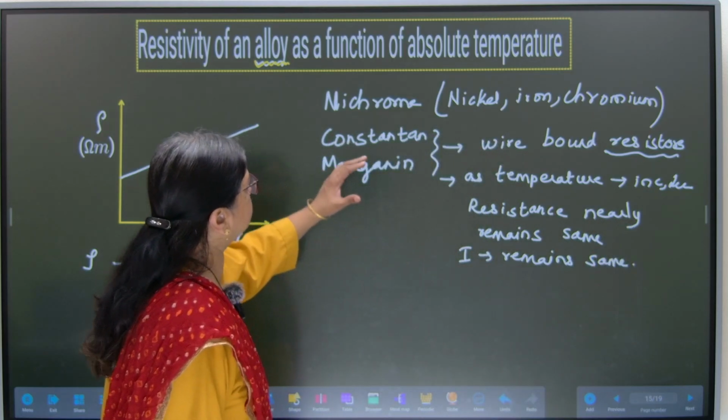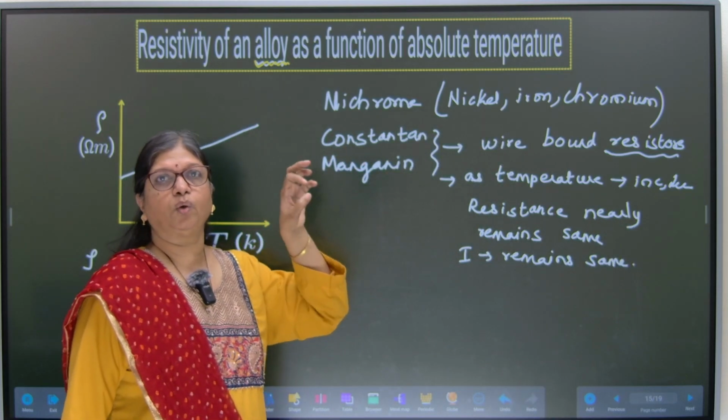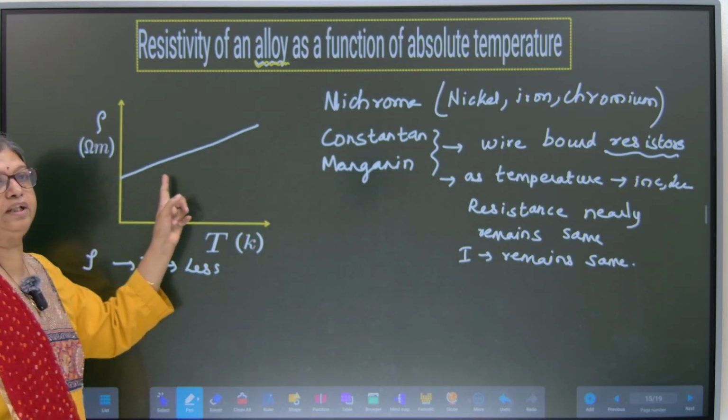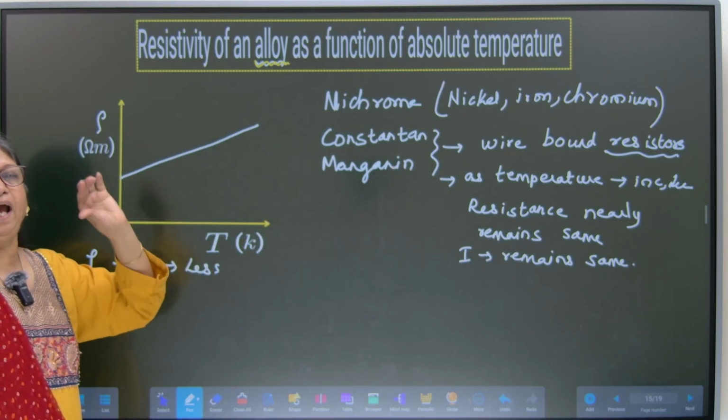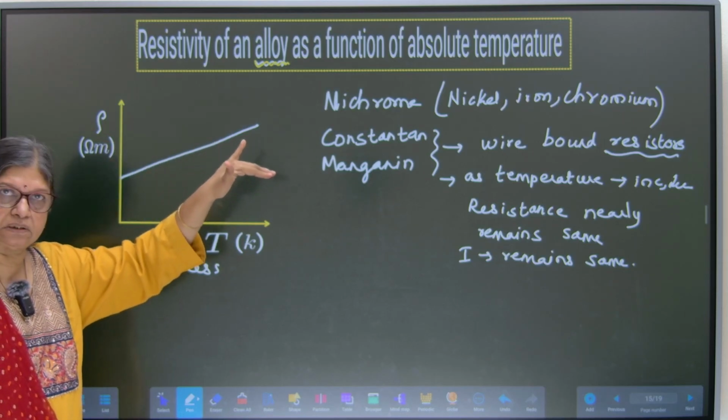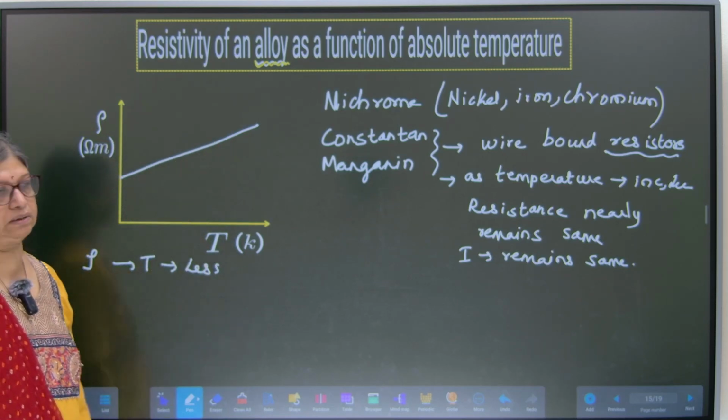Fine. So this is the reason why the graph is a straight line graph and the slope is not much. It is there but very less.